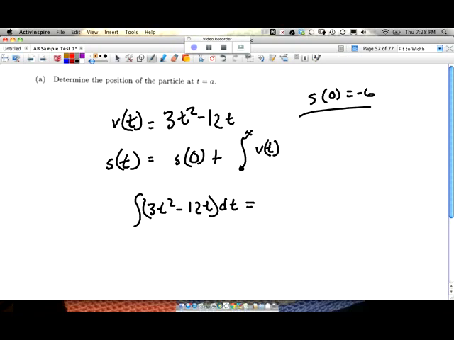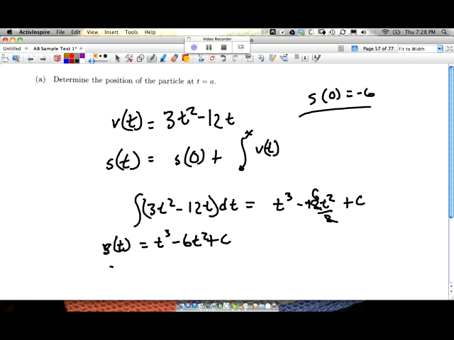And that's going to become, we do just power rule, 3t cubed over 3, but the 3's are going to simplify, minus 12t squared over 2, and the 12 and the 2 becomes minus 6t squared, and plus some constant. So that's s of t, our position function, equals t cubed minus 6t squared plus c.